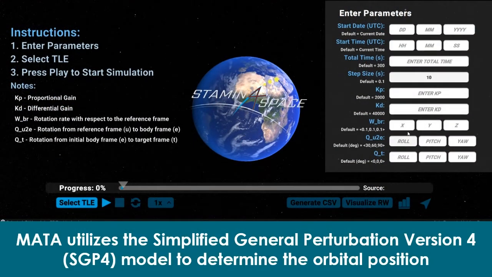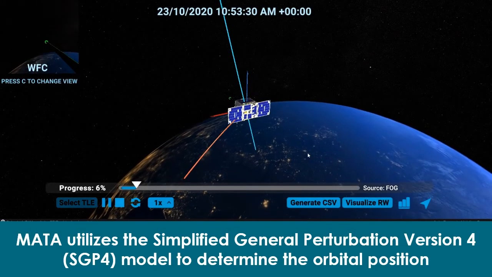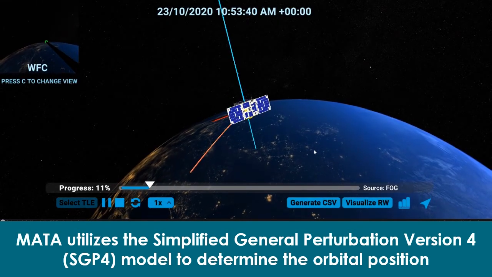MATA uses mathematical models to simulate the attitude control scenario and utilizes the simplified General Perturbation version 4 or SGP4 model to determine the orbital position.